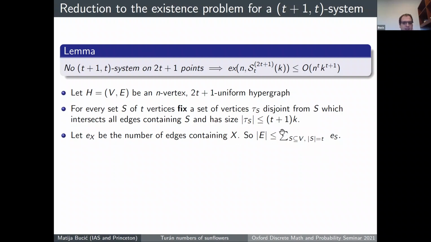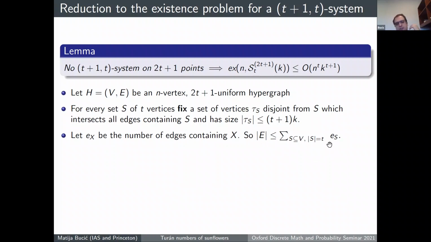A trivial observation is that the number of edges in H is at most the sum of the number of edges that contain every T element subset. So we go through every T element subset, we see how many edges contain it, we add up all these numbers, and we've counted every edge at least once.